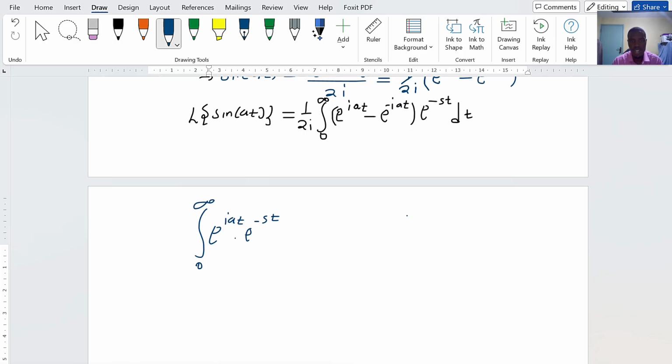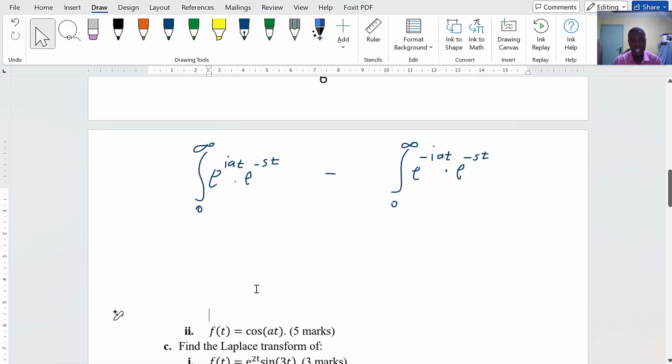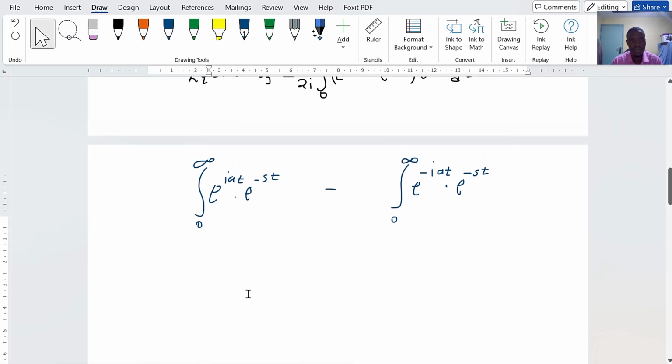Then the other case, integral from 0 to infinity e^(-iat) times e^(-st). We have two parts: this times this and this times this. And remember, the negative is in between, because Laplace is linear, so that can be done.